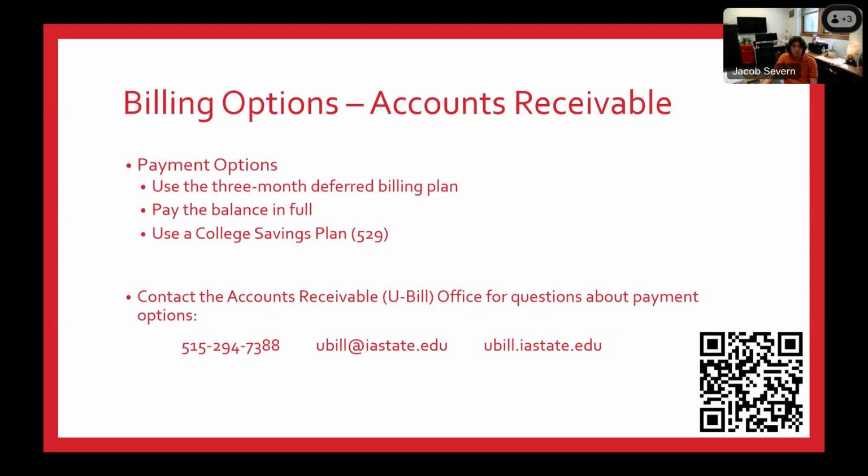You're also able to utilize a college savings plan or 529 if applicable, and students are also able to opt into the 3-month deferred billing plan offered through accounts receivable. So again, accounts receivable is going to be your contact for questions about payment options. Again, their phone number, email address, and this QR code will direct you to their website to explore those payment options.